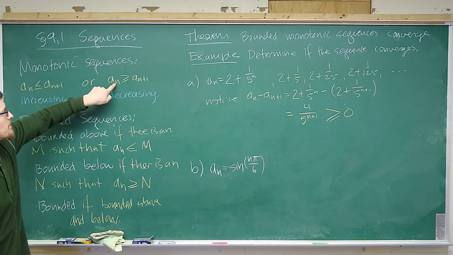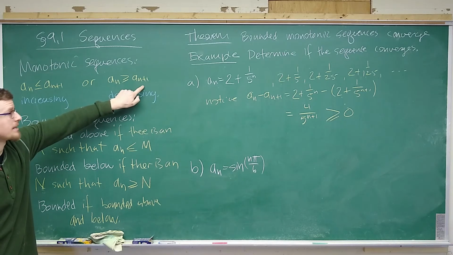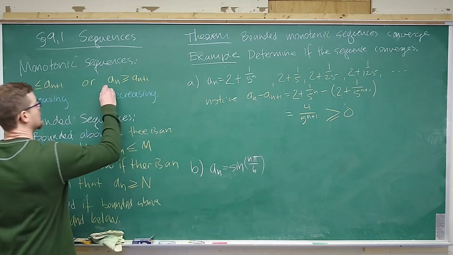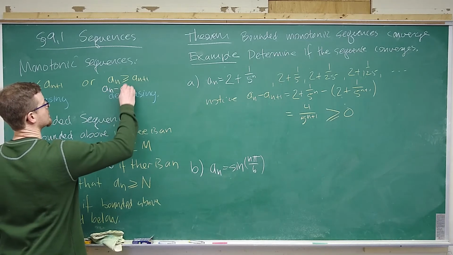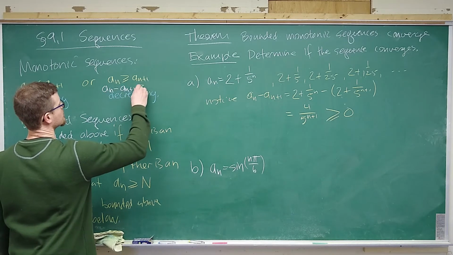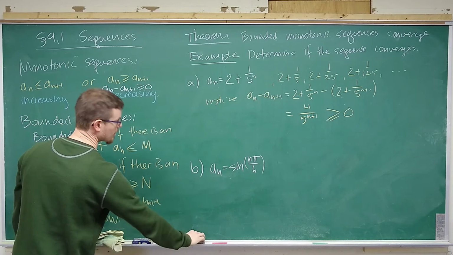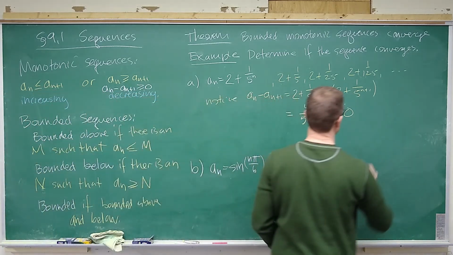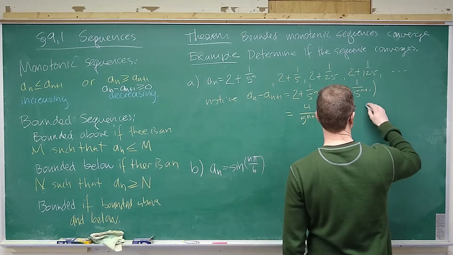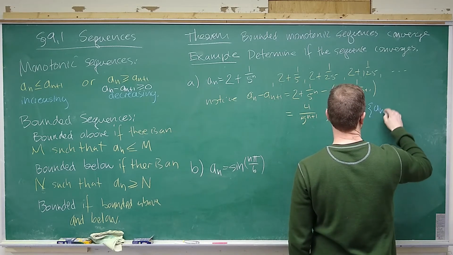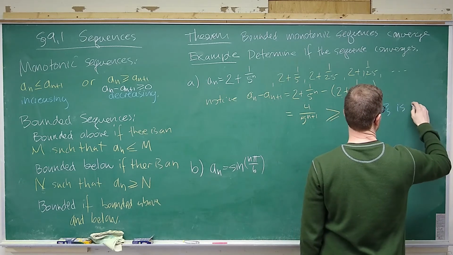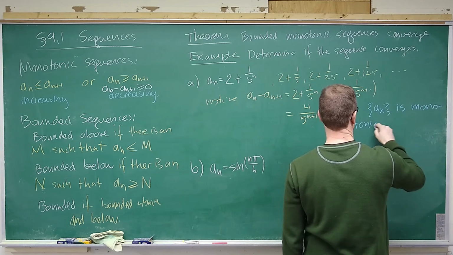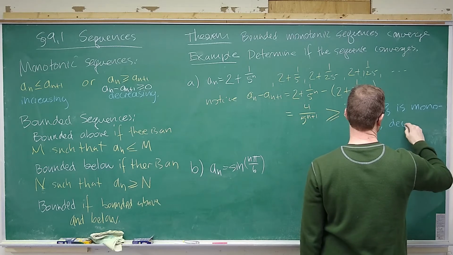So any term minus this term, if I subtracted this from both sides, I would get a sub n minus a sub n plus 1 is greater than or equal to 0. So this tells me that the sequence is monotonic, and it is decreasing.